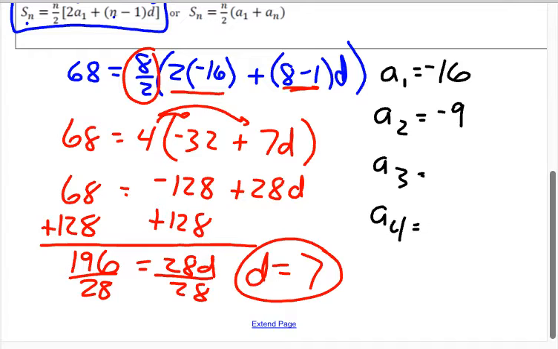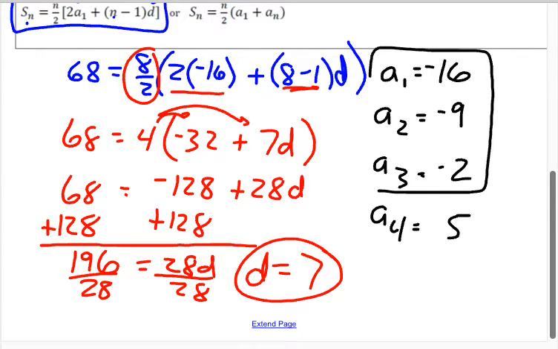If I add 7 to negative 9, I get negative 2, and then finally 5. What are the first, find the first 3 terms? Oh, if we just wanted to find the first 3 terms, those would be the first 3 terms of this series, or sequence. Okay.